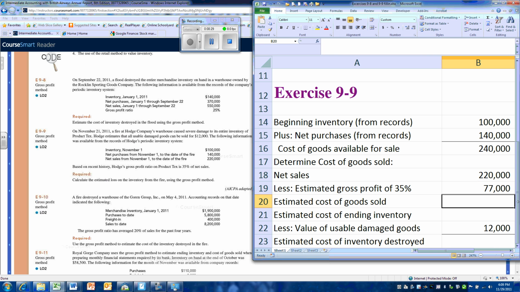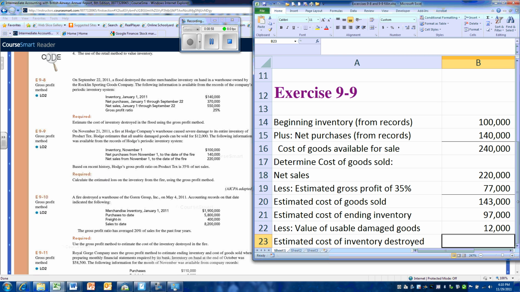So our estimated cost of goods sold is going to be the sales minus the gross profit, or $143,000. Our estimated inventory will be the goods available for sale minus the estimated cost of goods that were sold. So our estimated ending inventory was $97,000.